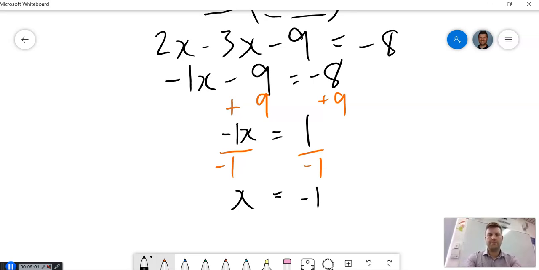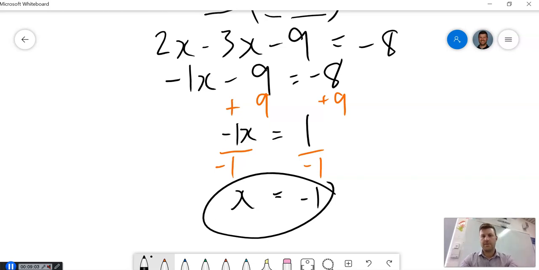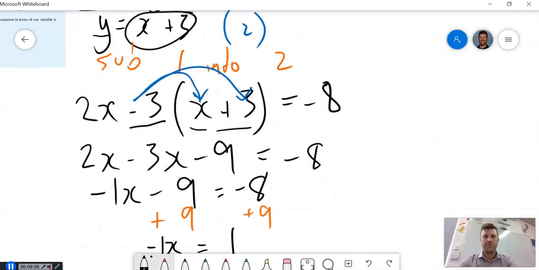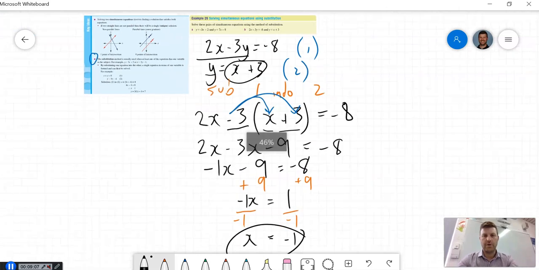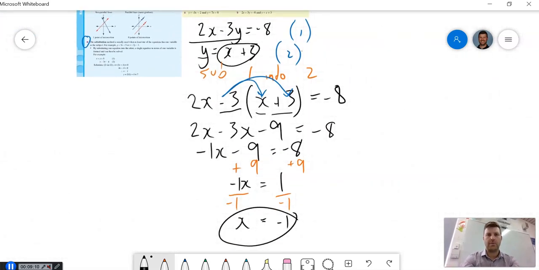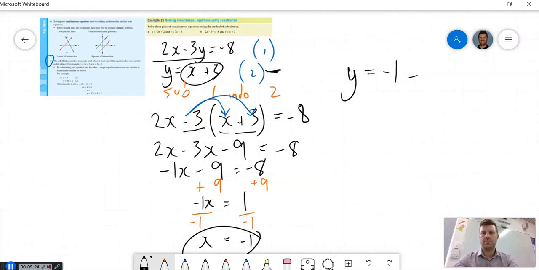Now with that value for x equals -1, I'm going to substitute that back into one of the original equations. Again, the second equation looks a little bit simpler here, so let's go ahead and use that. y equals, instead of x, -1 plus 3.